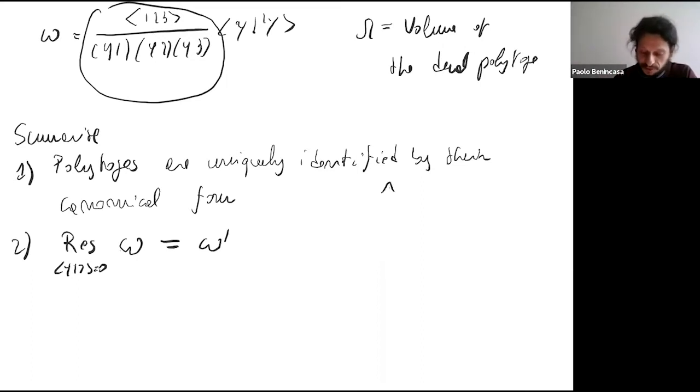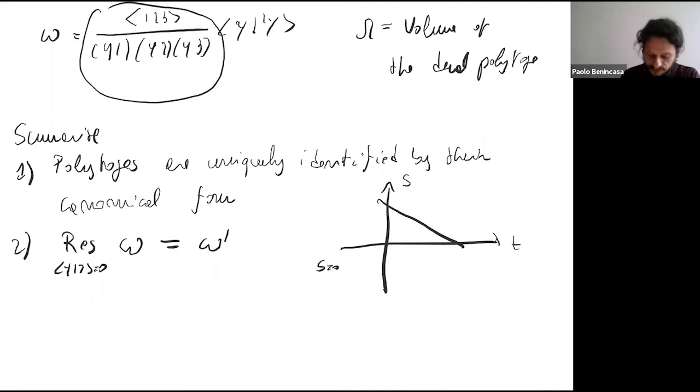In fact, if you think about it, in this example of the triangle, if I take for example the residue for S equals 0, S equals 0 identifies for the triangle this side. And you obtain a differential form which is given by this.